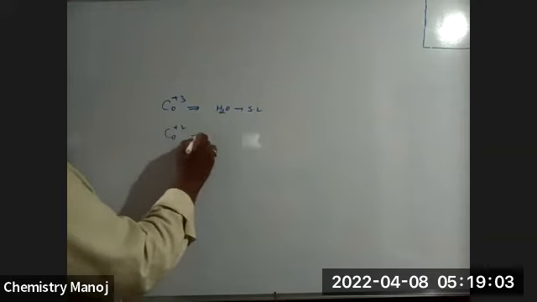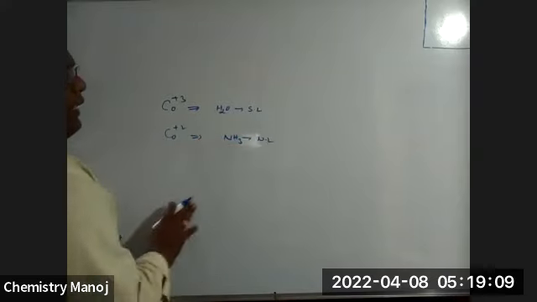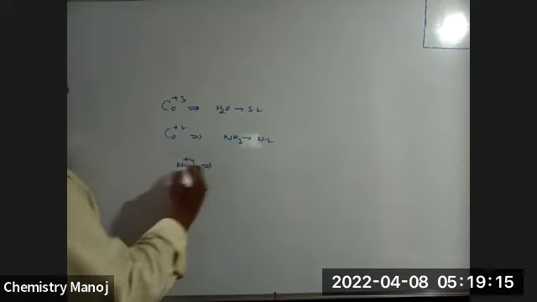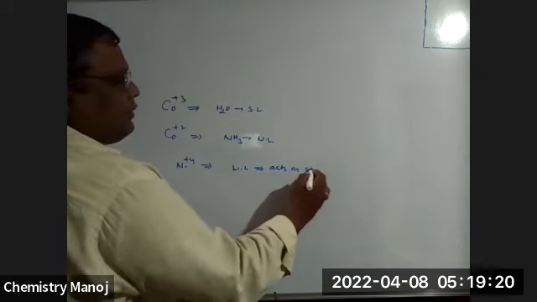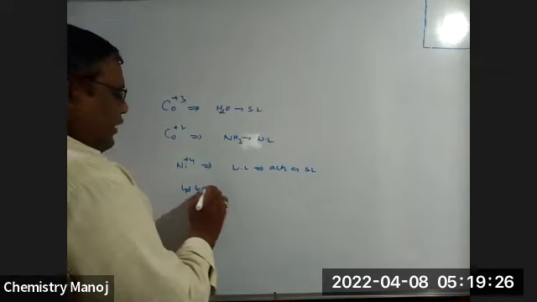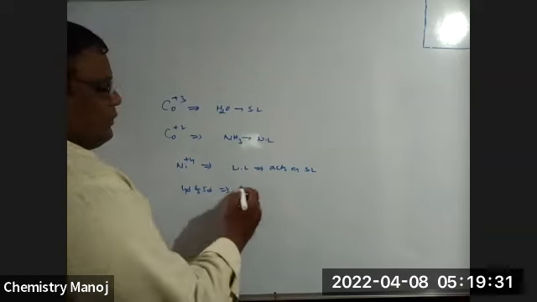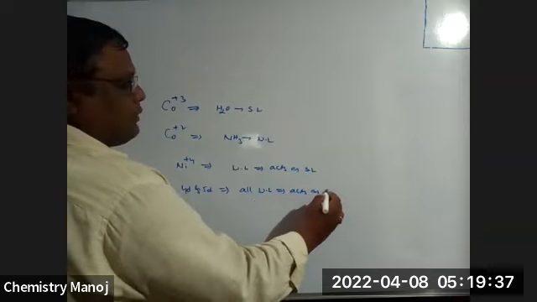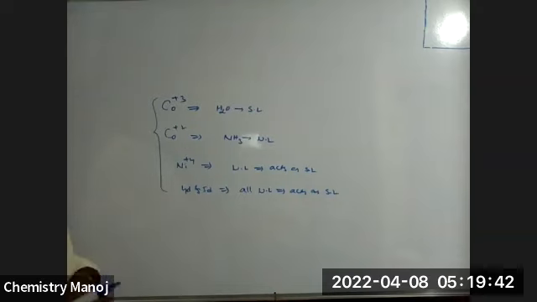With Co+2, ammonia acts as a weak ligand. With Ni+4, weak ligands act as strong ligands. For 4d and 5d series elements, all weak ligands act as strong ligands. These are exceptions.